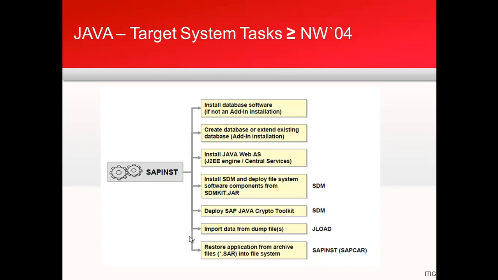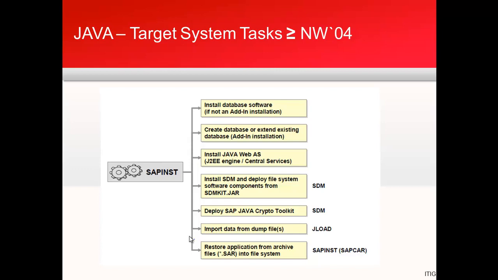As we have seen, the database software installation is required only in cases where the Java Web AS is installed using its own database, as opposed to a Java add-in installation into an existing ABAP database. Then JLoad is called to load the database. You can see JLoad is called both for loading and unloading.